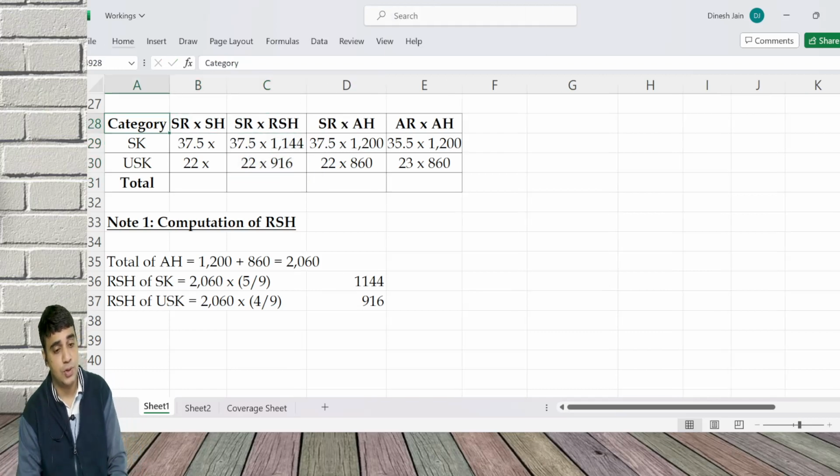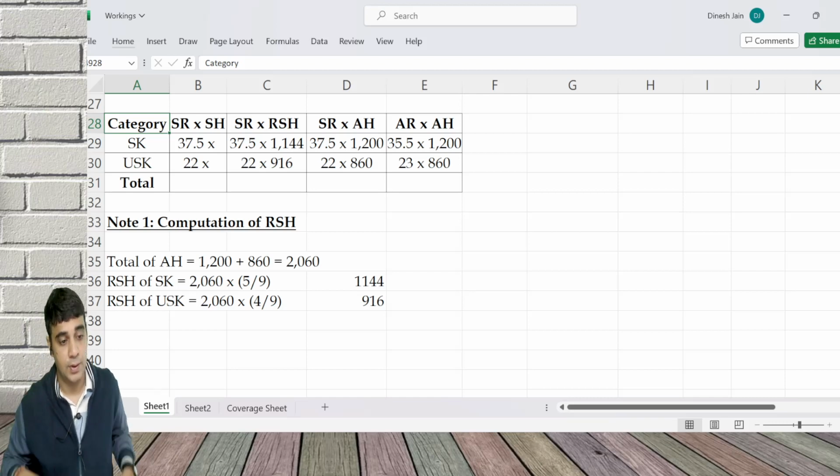RSH is the total of AH in the 5:4 mix. Clear? Can we proceed? Any doubts?